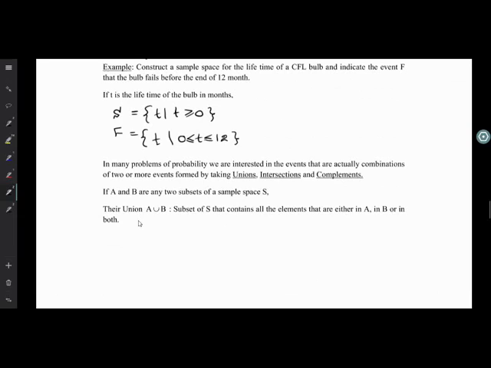Now in many of these problems of probability, we are interested in events that are actually combinations of 2 or more events, which means the union, intersection, and the complement. If A and B are any 2 subsets of the sample space S, their union, which we denote as A union B, is the subset of S that contains all the elements that are either in A, in B, or in both.